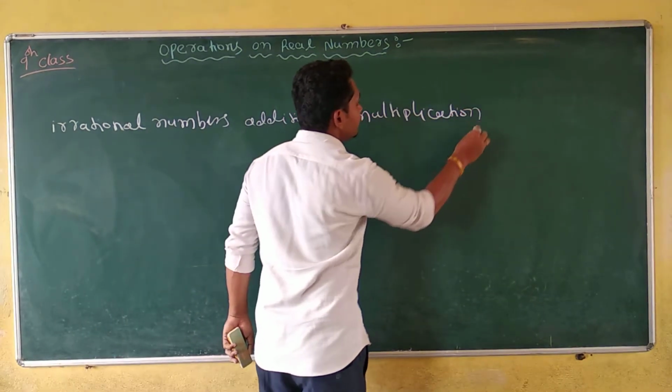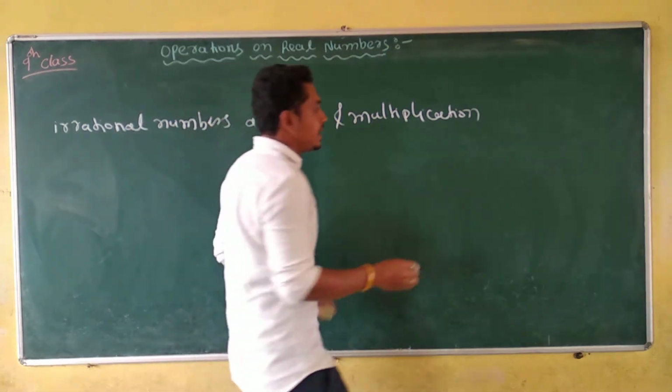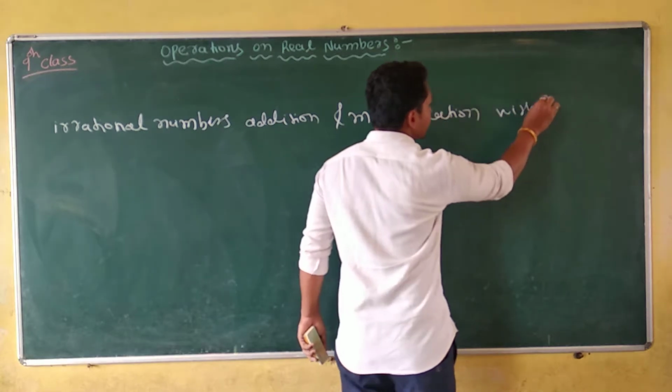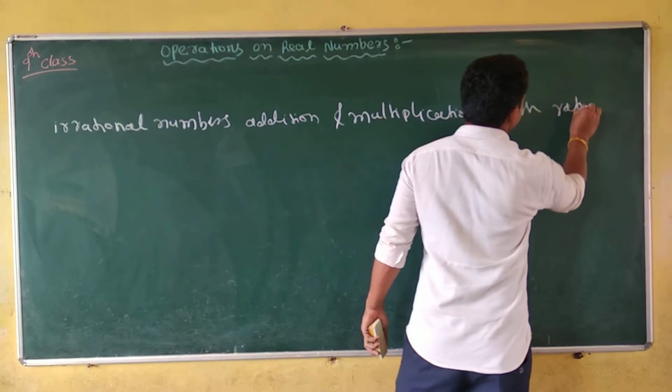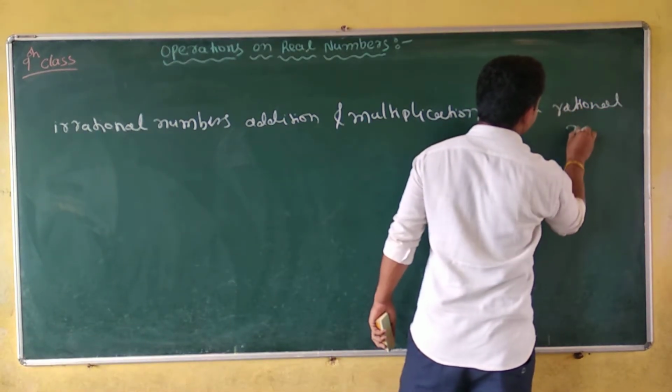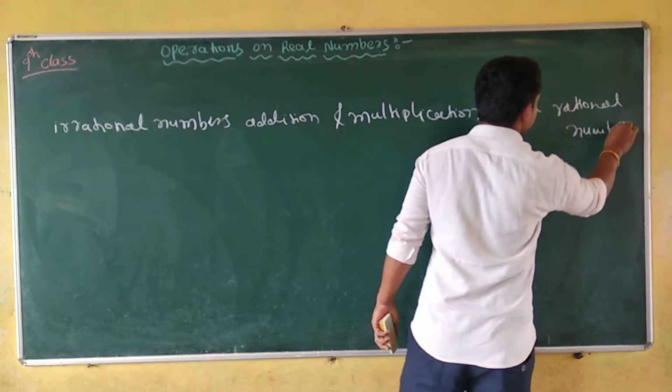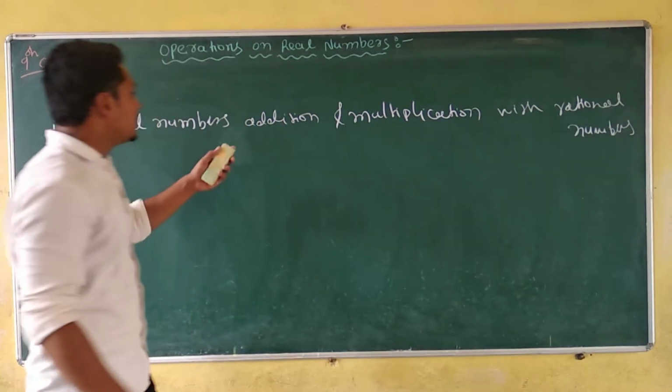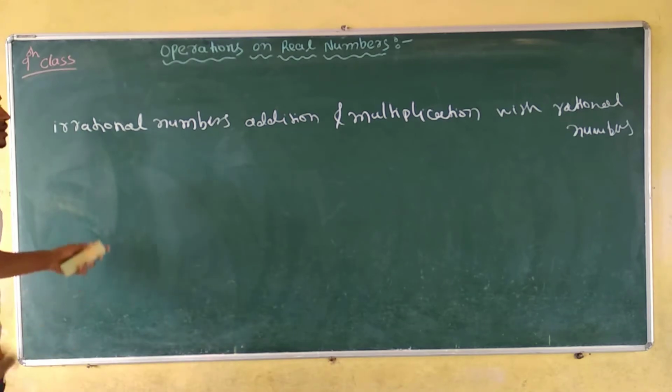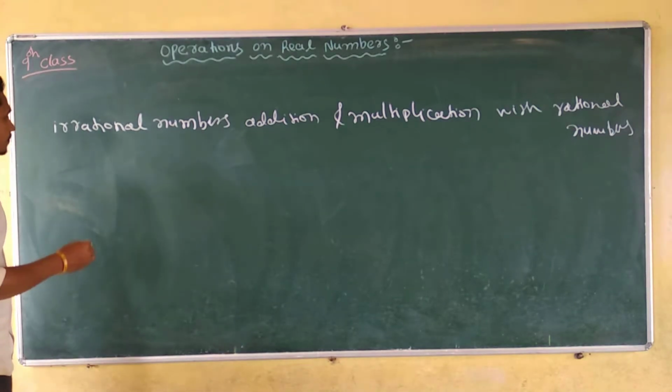Now, addition and multiplication of irrational numbers with rational numbers. How do we get it? See here.